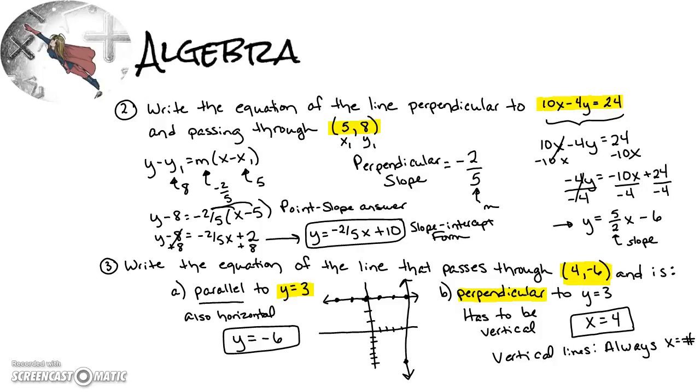And if I just jot down over here, horizontal lines are always y equals just a number. And those are two special cases that are important to know how to do because they do ask those all the time. I hope that helps.